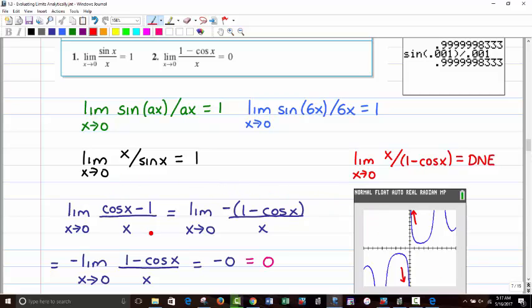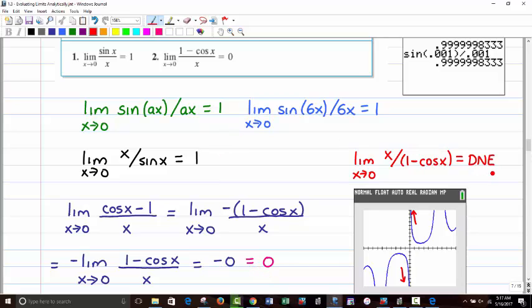So if one limit is 0, the other one is the negative of that limit. Therefore, negative 0, of course, is just 0. So that's why 1 minus cos x over x is equal to 0, or cos of x minus 1 over x is also 0.